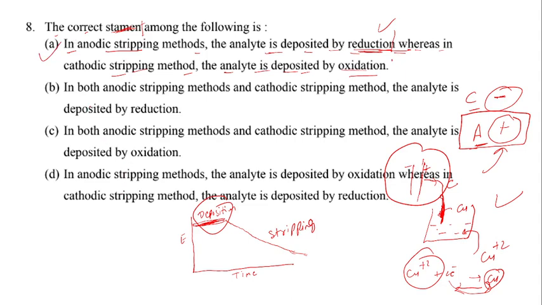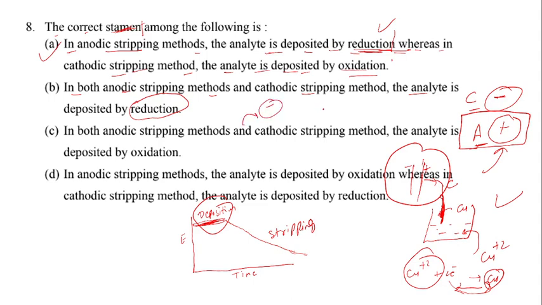We will check the other options also. In both anodic stripping method and cathodic stripping method, the analyte is deposited by reduction. No, it is not possible. How can we do reduction if we are changing the terminal? When it is connected to the negative terminal, then only reduction is possible.